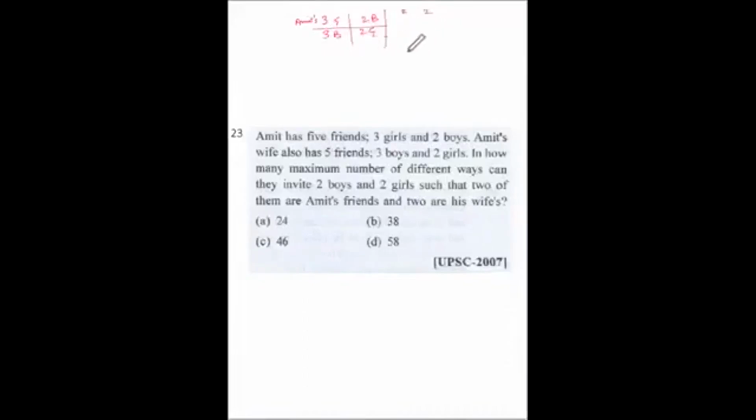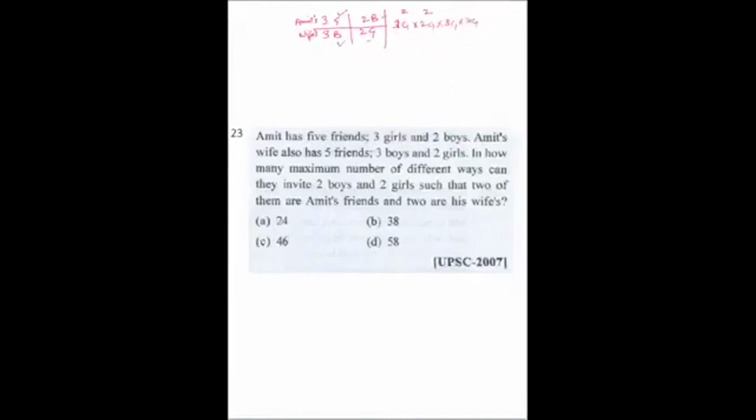So in the first case, we take one girl from here, 3C1, and one boy from here, 2C1, then one boy from the wife's side, 3C1, and one girl, 2C1.